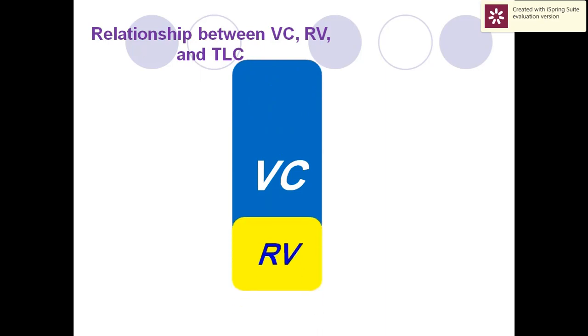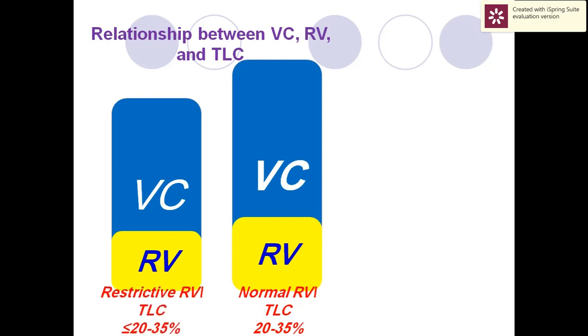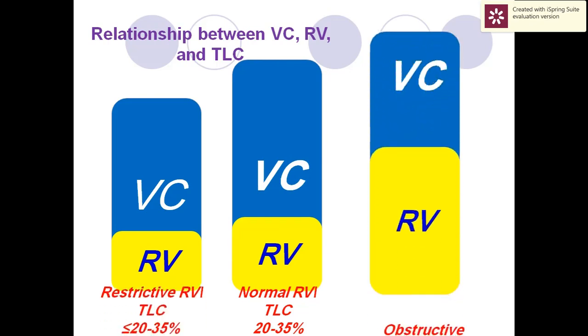طبعا في obstructive lung disease and restrictive lung disease and normal, usually there is a relation between vital capacity and residual volume and total lung capacity. الريزيدوال فوليوم في الإنسان normal residual volume divided by total lung capacity لازم تقريبا يساوي 20 إلى 35%.